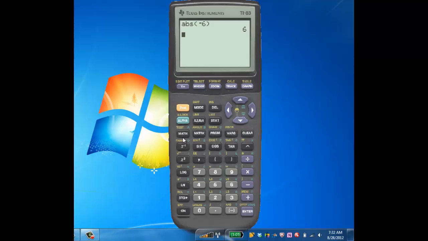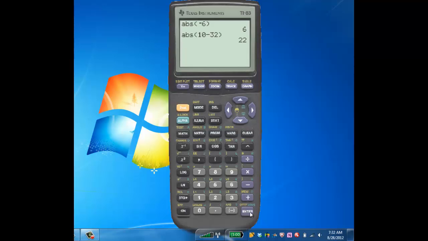Okay, so we're going to go back into Math, arrow over to Number, select 1 or Enter, and this time I'm going to do a subtraction. I'm going to do 10 minus 32. So this is the absolute value of 10 minus 32. I get 22, a positive 22, because it took the absolute value of that difference.